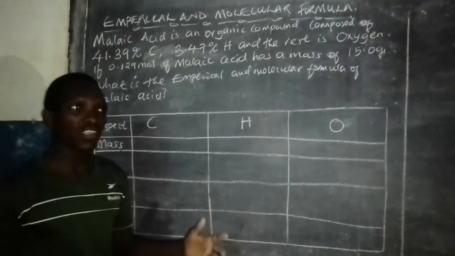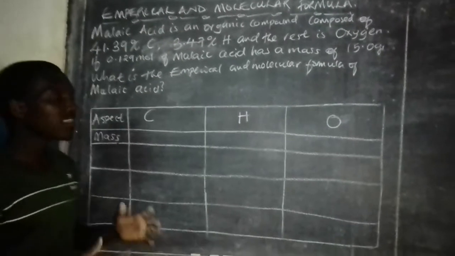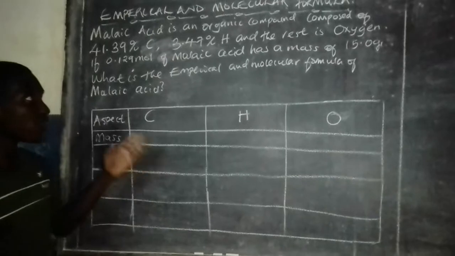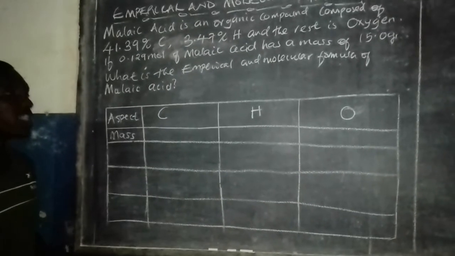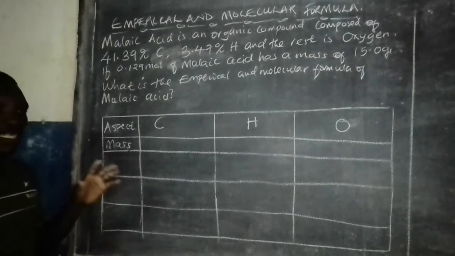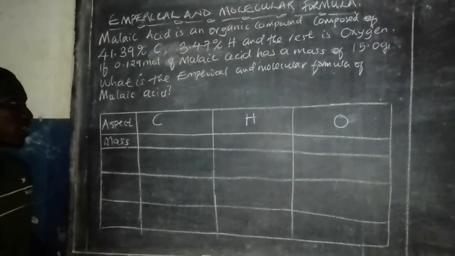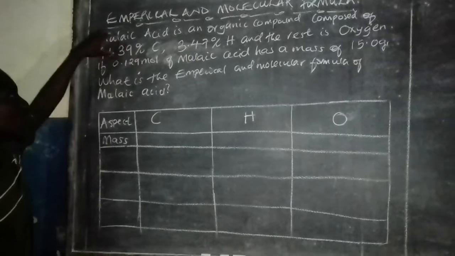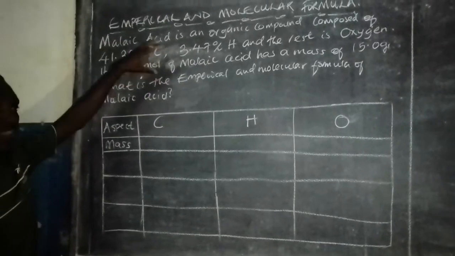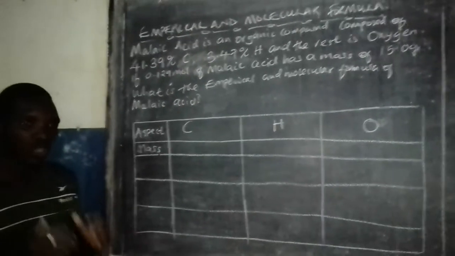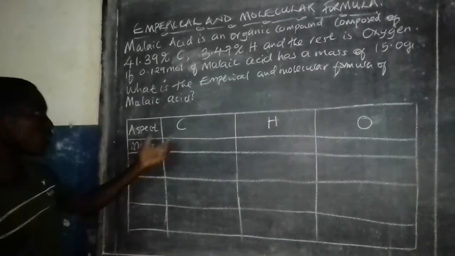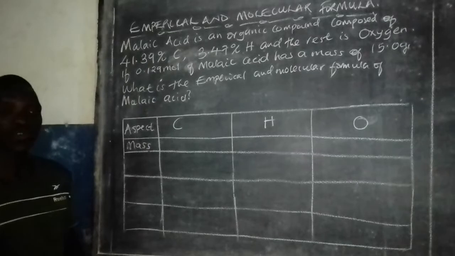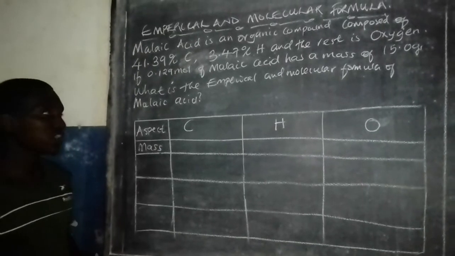I'm sure you heard me in the introductory message that whenever you're coming up with the empirical formula or molecular formula, it is important to know the percentage by mass composition. So what we do here is turn the percentages that are given in the question into masses, because we are going to be using the principle of percentage by mass composition.